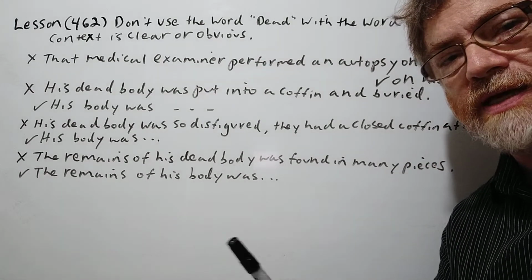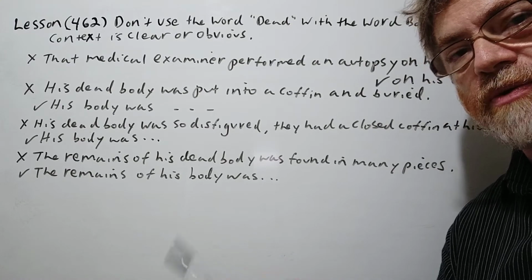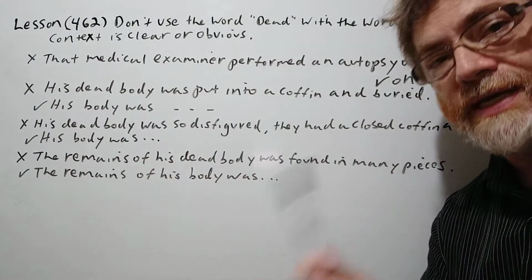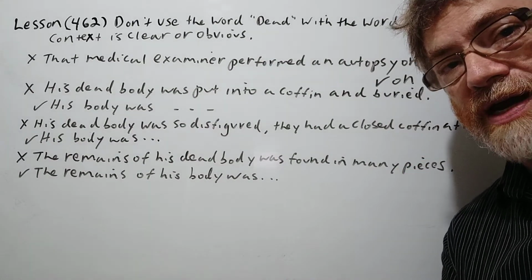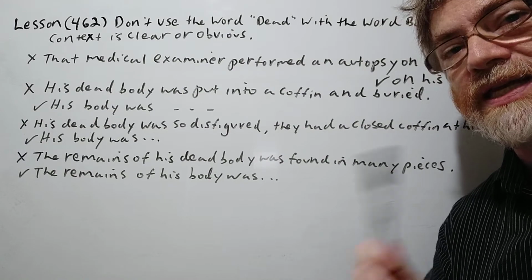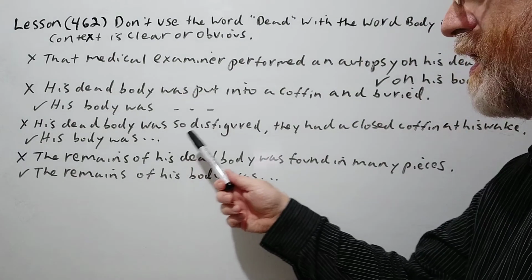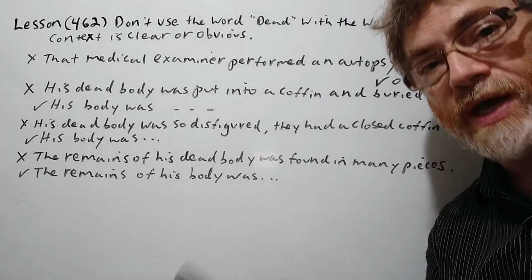Remember, a wake is where people go to pay their last respects, just before they bury the body. So, of course, here again, you didn't need to say dead. If it's in a coffin and they're going to have a wake, he's definitely dead. It's understood. So you don't have to say the word dead. You should just say: his body was so disfigured, they had a closed coffin at his wake.